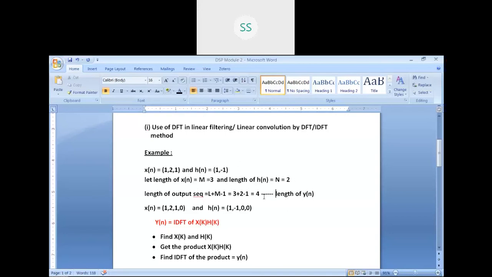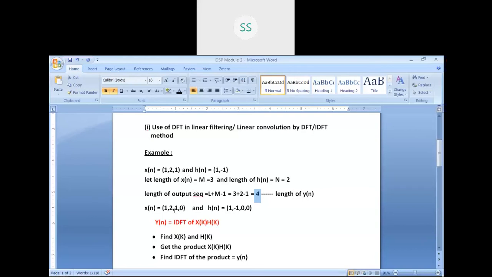Once you obtain this answer as 4, we have to change the lengths of both x of n and h of n according to this number, by appending zeros. Initially the length of x of n is 3, so I will stretch it to 4 by appending one 0.